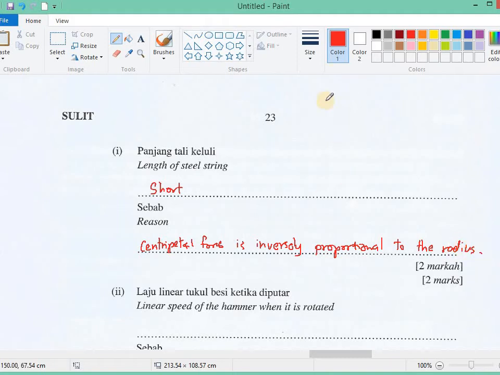Okay, so we can see this relationship from the equation. F equals mv square over r.